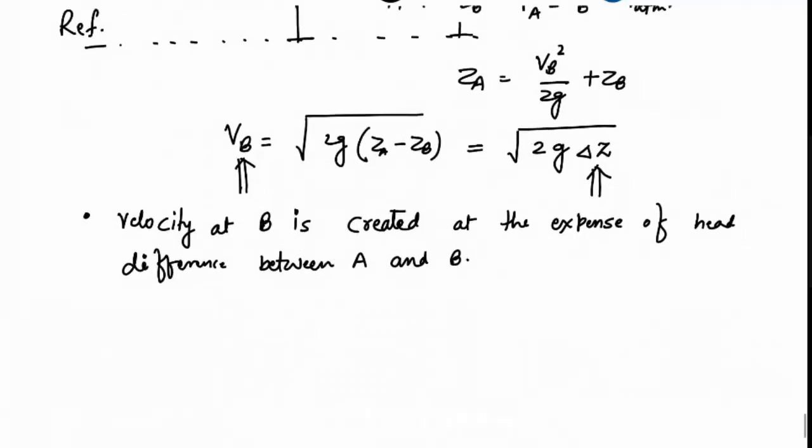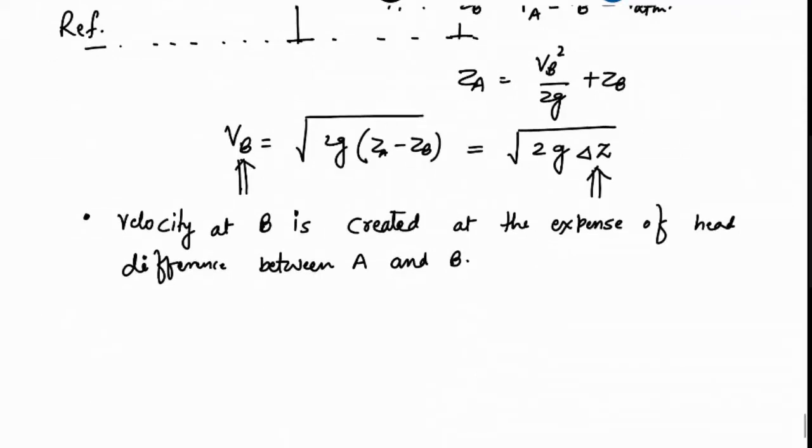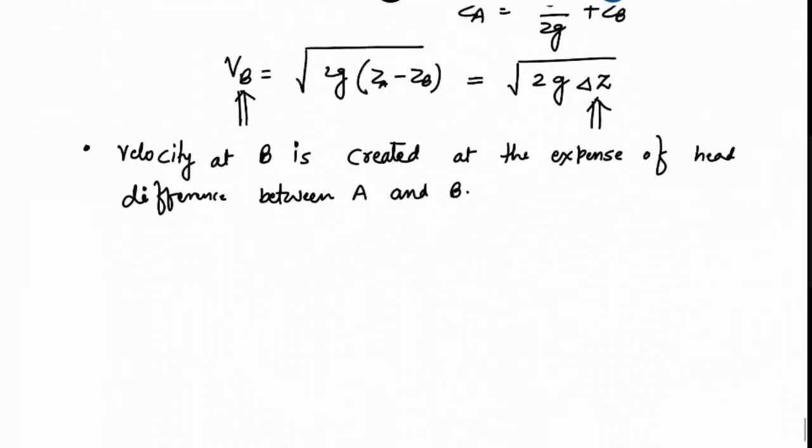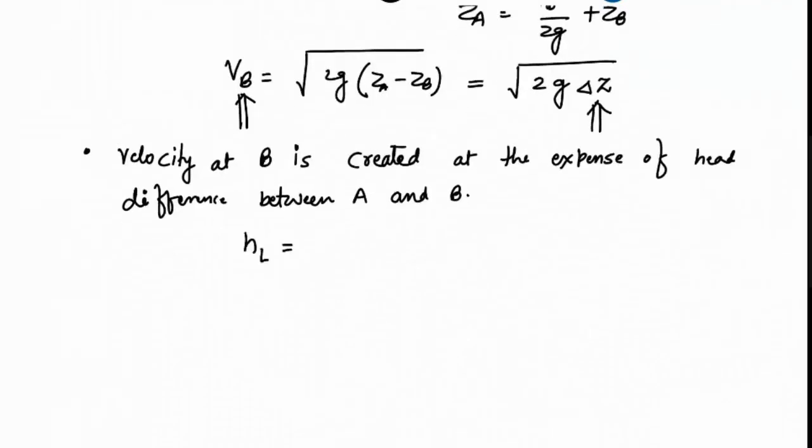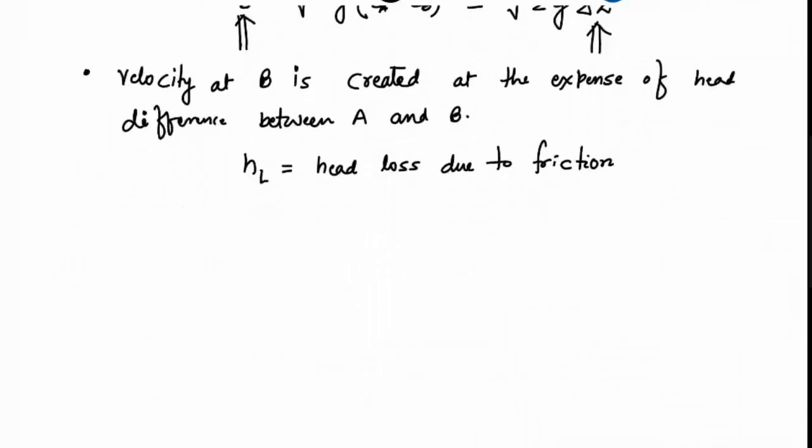Now in this case we have assumed the pipe has no friction, but a pipe can also have friction. In that case, there will be some head loss due to the friction also, so you have to account for that. For example, if HL denotes head loss due to friction, then whenever you are writing Bernoulli's equation, you have to add this term.